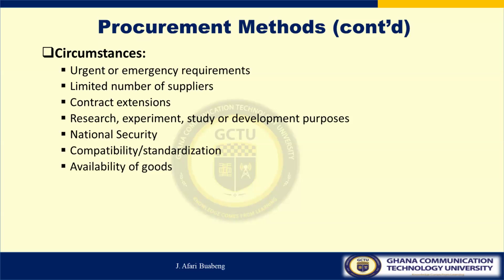When there's what? Emergency requirement, or the need is urgent. When you need something within days, next 2-3 days, or 1 week, you can't use competitive tendering method.